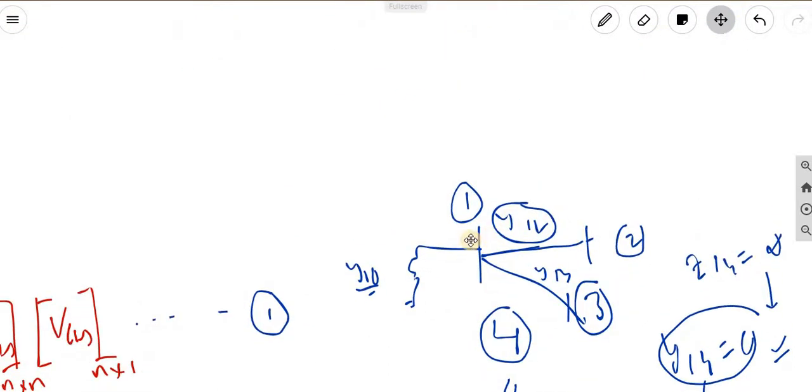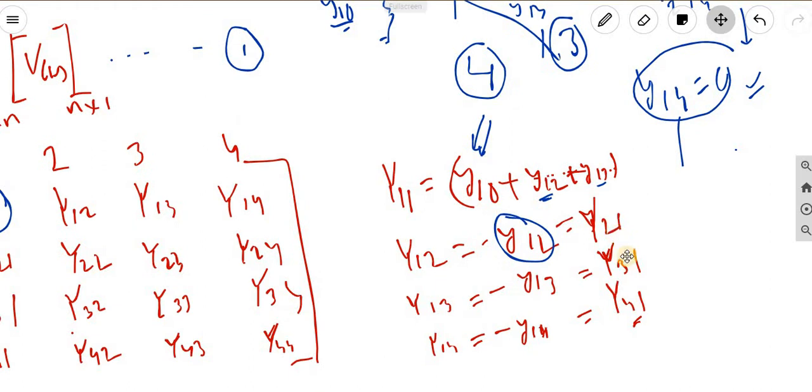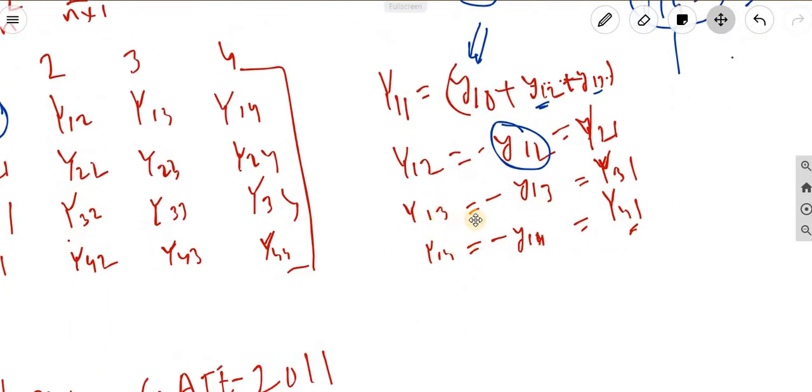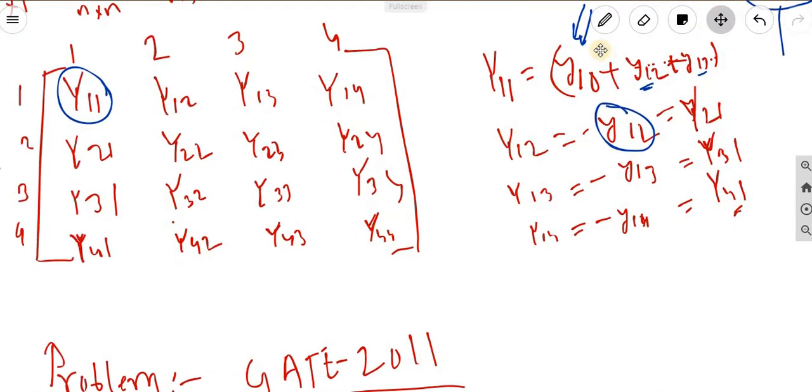In both cases the value is the same, so they would be equal. Like that, Y11 equals Y10 plus Y12 plus Y13, in this way you will get.